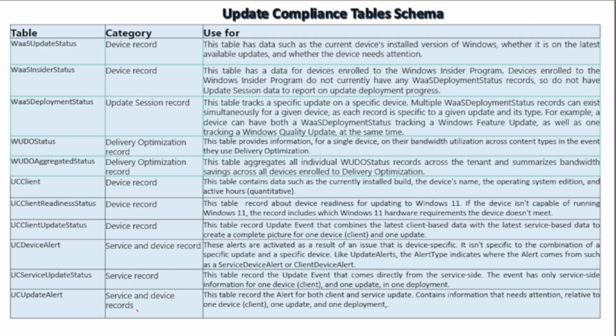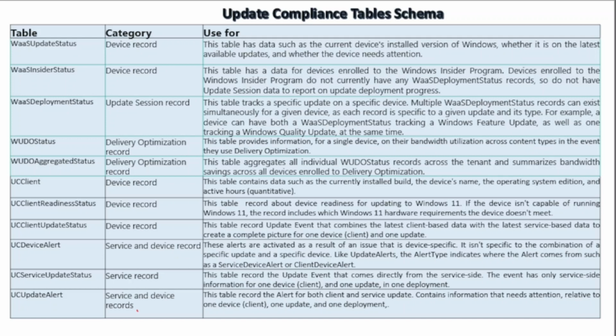The next table is the Windows Update Client Update Status, and this table records update events that combine the latest client-based data with the latest service-based data to create a complete picture of one device and one update. The next table is the Update Compliance Device Alert table, and these alerts are activated as a result of an issue that is device specific, not specific to the combination of a specific update and a specific device.